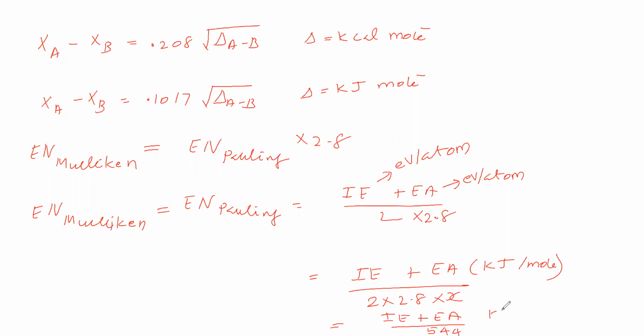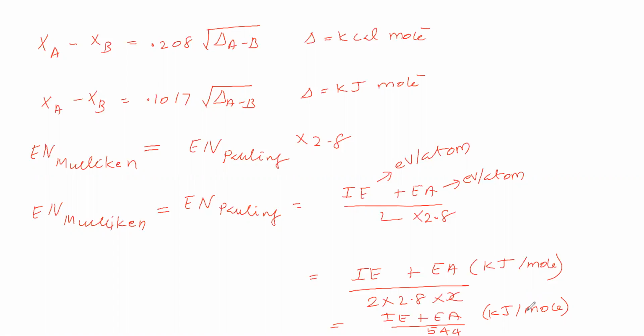Now the unit is kilojoule per mole. That means electron affinity is in kilojoule per mole, ionization energy also kilojoule per mole. So electronegativity by the Mulliken scale is equal to electronegativity by the Pauling scale, and the formula is ionization energy plus electron affinity by 544. Here the unit of ionization energy and electron affinity is kilojoule per mole. In this way we have to find electronegativity.